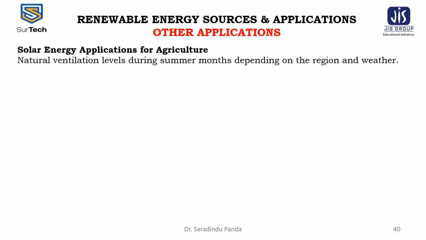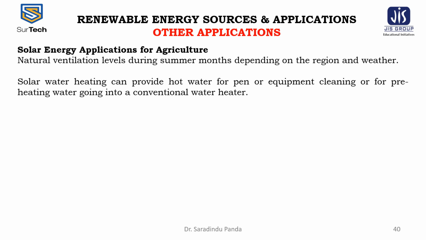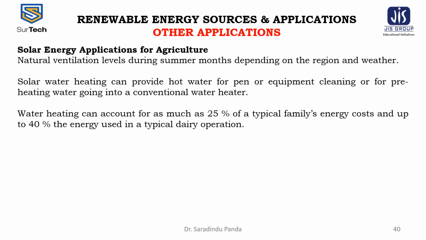Now the solar energy applications for agriculture. Natural ventilation levels during the summer month depend on the region and weather. Solar water heating can provide hot water for pen or equipment cleaning or for preheating water going into a conventional water heater.